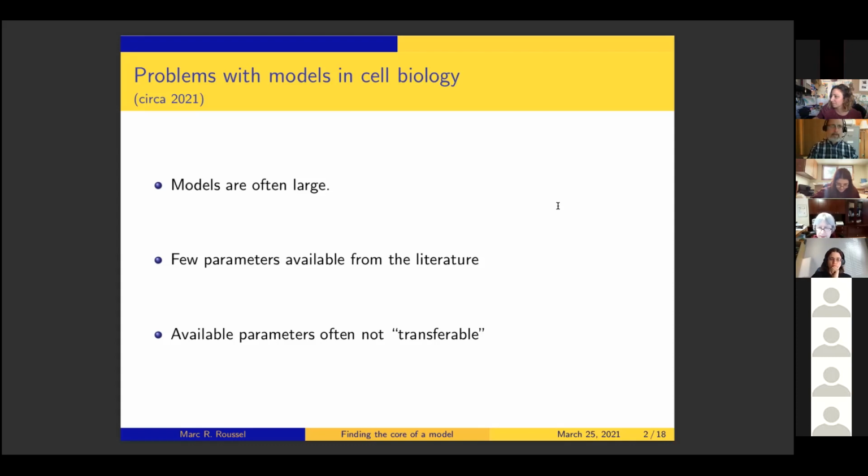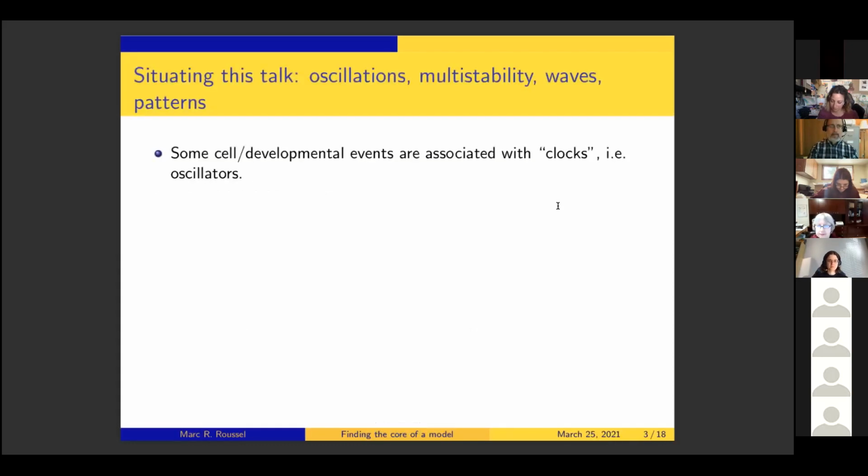So we have this problem that we have large models where we know the shape of the thing, but we often don't know the parameters. So you'd like to be able to say something about your model without necessarily knowing what the parameters are. This is a discussion series.